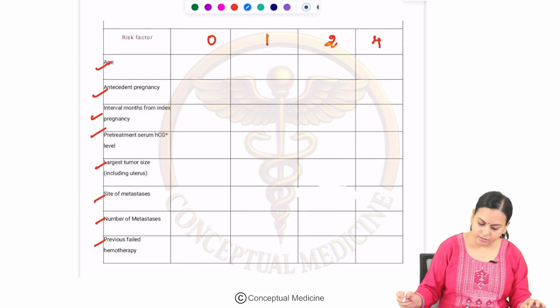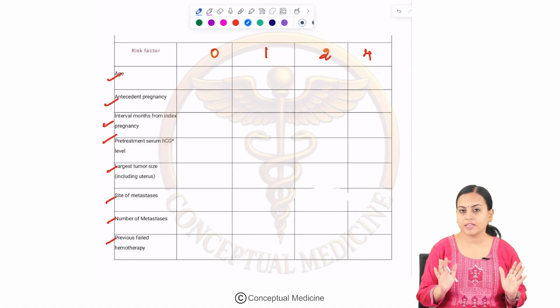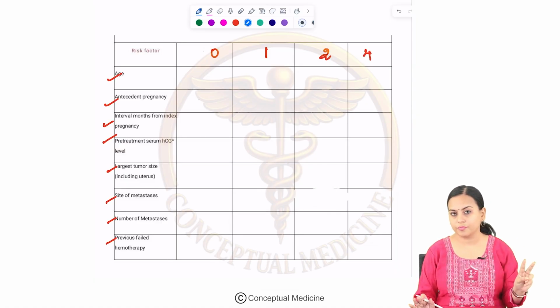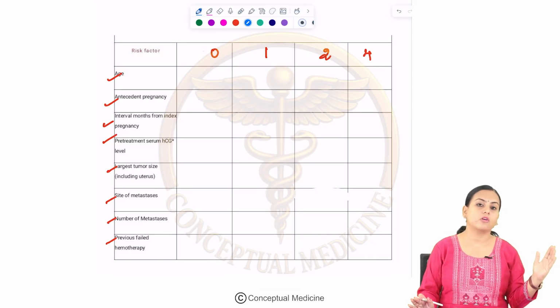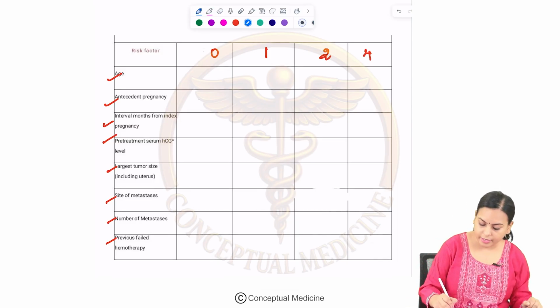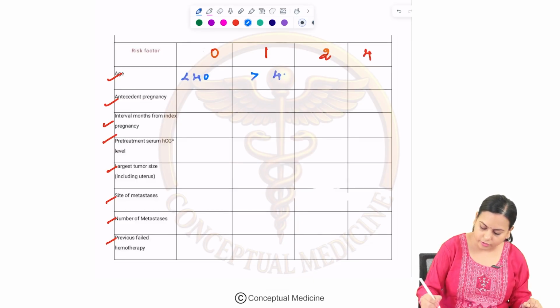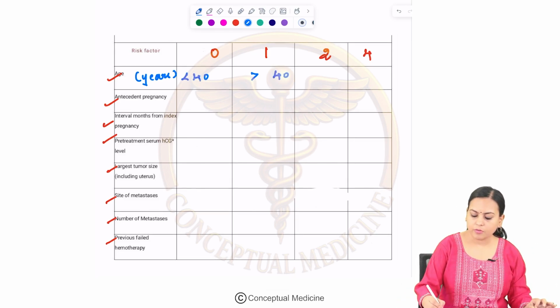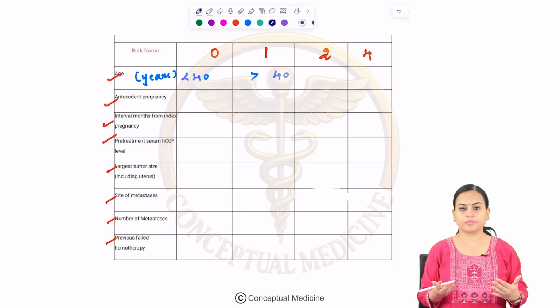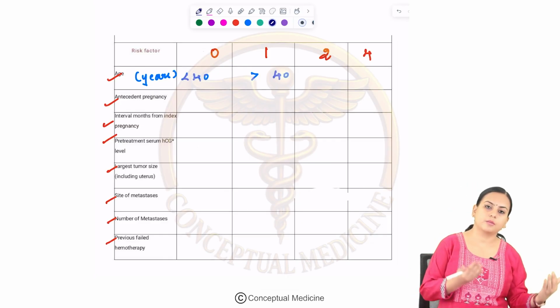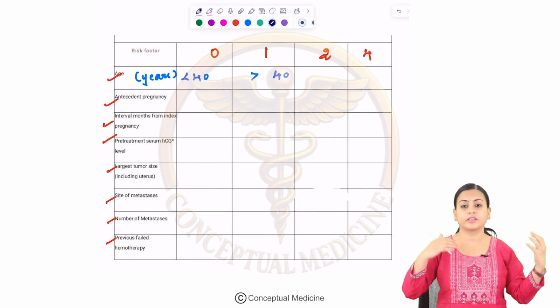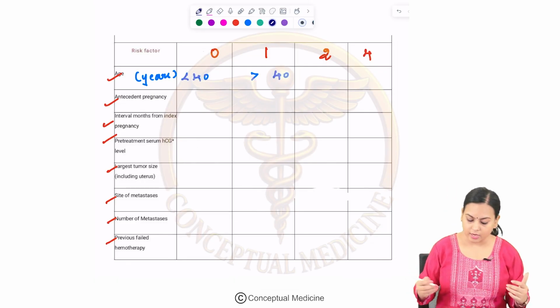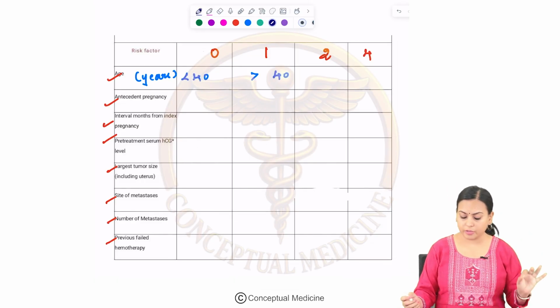Now, let us see this. For age group, we consider only 2 sets: less than 40 years or more than 40 years. Antecedent pregnancy means how her previous pregnancy was, whether it was an abortion or miscarriage or a full-term pregnancy. I will tell you one mnemonic here.